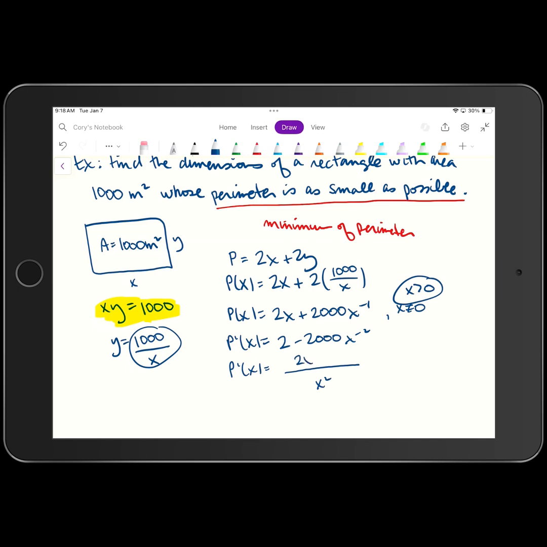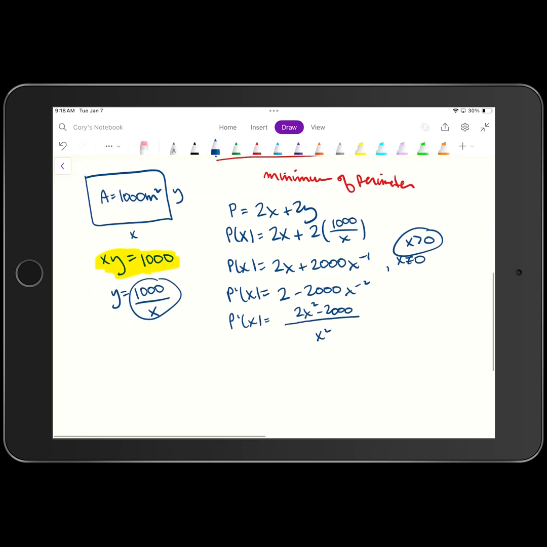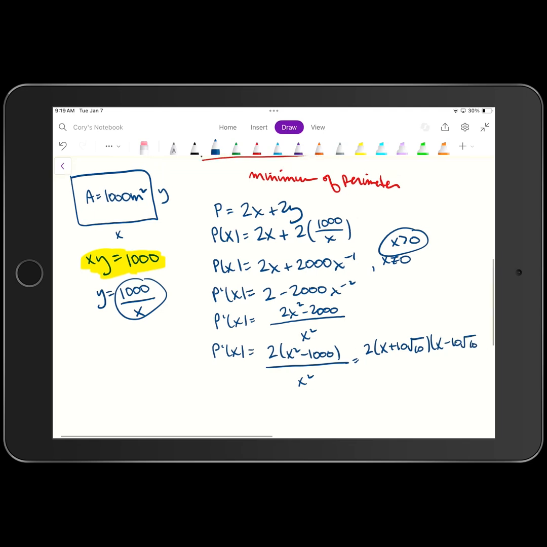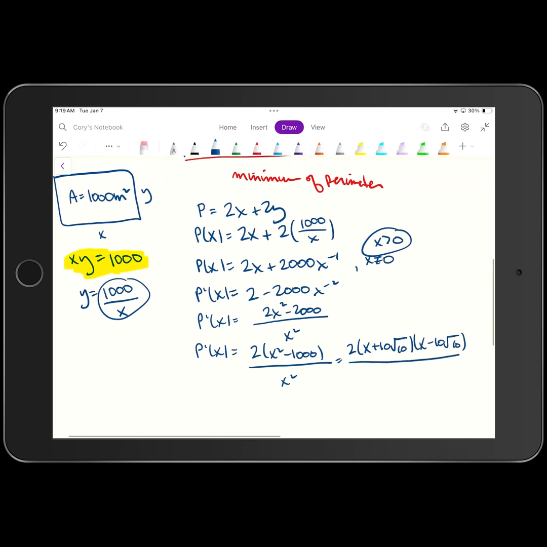I can rewrite this as 2x squared minus 2000 all over x squared. And then I can simplify this even further. I can factor a 2 out of the numerator, which gives me 2 times x squared minus 1000 over x squared. And x squared minus 1000, I can think of as the difference of two squares. So that's going to be 2 times (x plus 10 rad 10) times (x minus 10 rad 10) all over x squared.